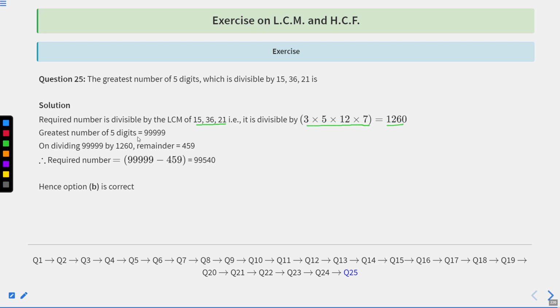So the greatest 5-digit number is 99999, that means five 9s, and on dividing 99999 by 1260, the remainder is going to be 459. So if I subtract 459 from the number, I'll have 99540. So the correct option here is option B, that is 99540.